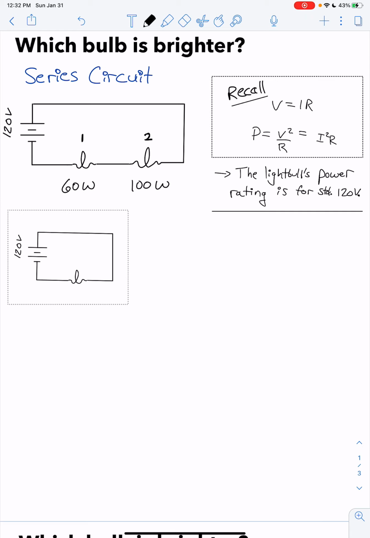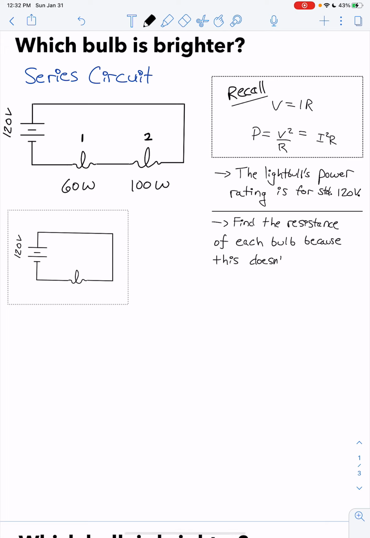So let's first find the resistance of each bulb, and we're going to do that because this doesn't change.